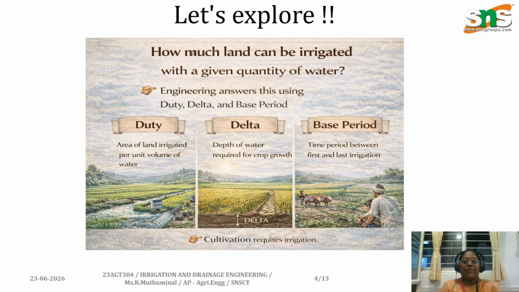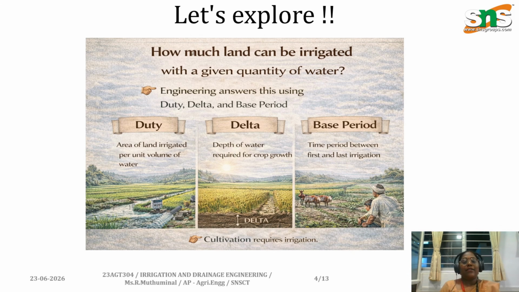If it is available in a limited, constant, fixed quantity, what happens now? How do we determine the area that can be irrigated, and whether the available water is sufficient for crop growth? So the answer lies in the concepts of duty, delta and base period.